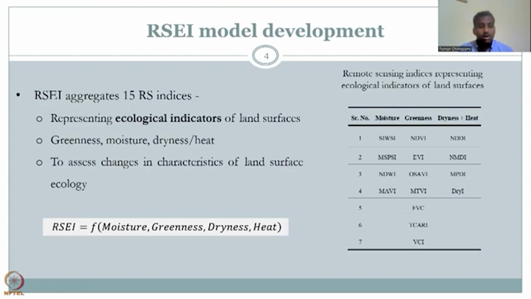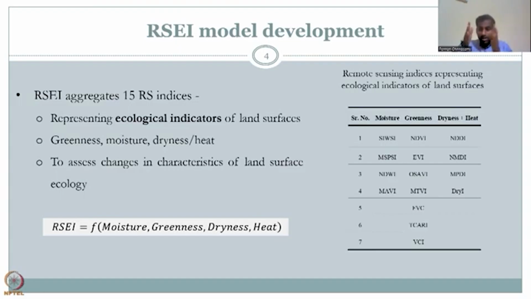On that note, there could be 15 remote sensing indices representing ecological indicators of land surface. All of this can be put as a function to create the RSEI, with greenness, moisture, dryness and heat used to assess changes in characteristics of the land. This is very important, and there are multiple indicators.